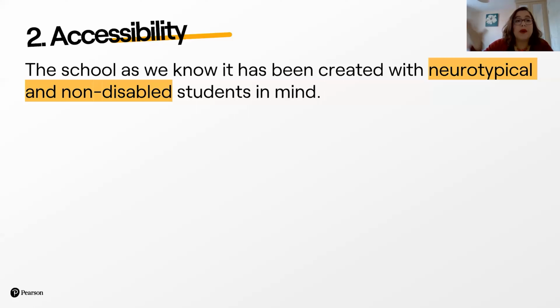Therefore, it was designed by and for neurotypical and able-bodied or non-disabled people, for a population that is neurotypical and non-disabled.